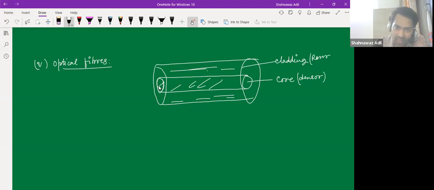So when the light signal goes from here, they are always reflected, right? So these are totally internally reflected, right? So when you want to send some signal from here to here, the full signal you will receive at the end of this optical fiber, right?